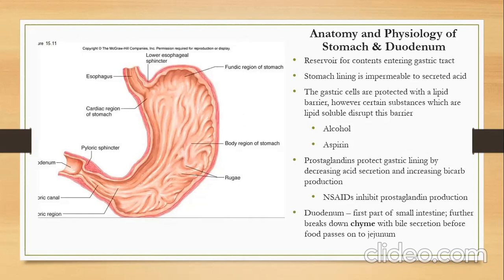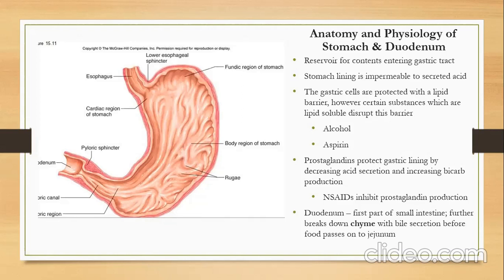So not only do they cause irritation and break through that barrier, but NSAIDs also inhibit prostaglandin production, therefore increasing acid secretion and decreasing bicarb production. Bicarb is a buffer, and we will talk about that when we talk about acid base.